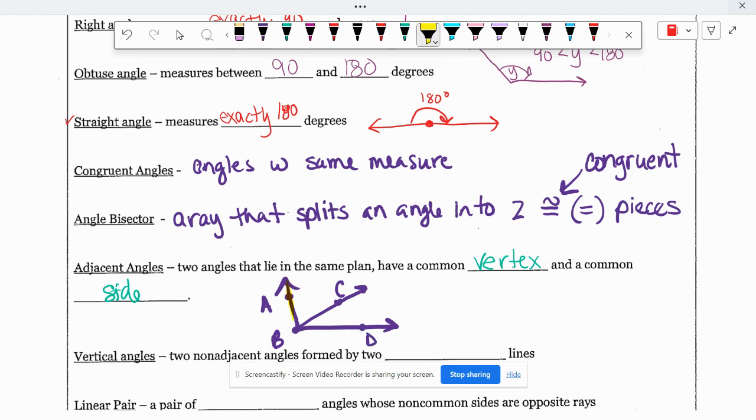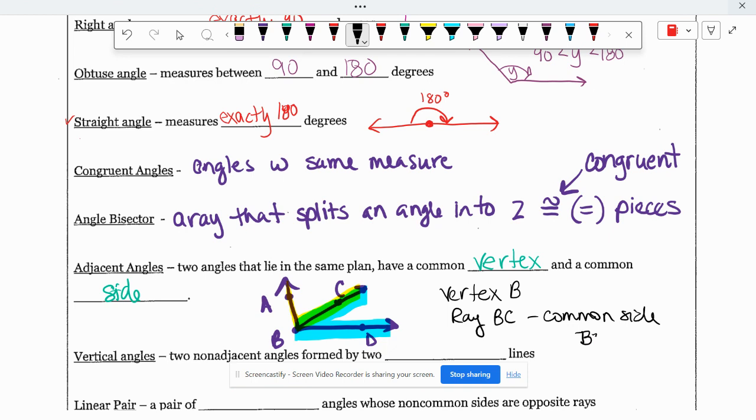My first angle is angle ABC, and my second angle is angle CBD. They both share vertex B, right? And their common side is ray BC. That's the common side, or the shared side.